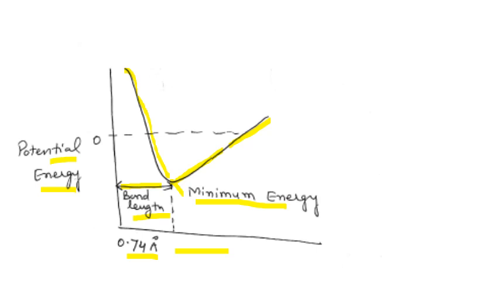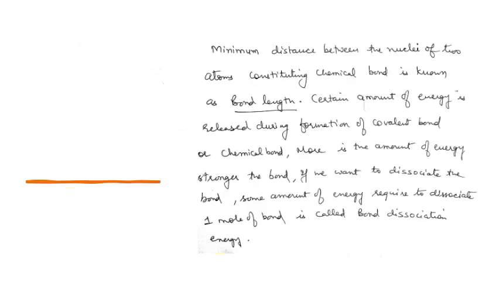At that appropriate distance only, the bond formation takes place. So the minimum distance between the nuclei of the two atoms constituting that chemical bond is called bond length. So the bond length of the hydrogen molecule is 0.74 Angstrom.